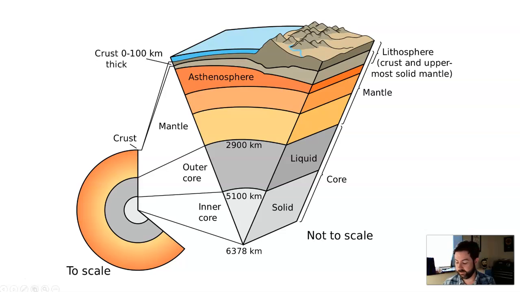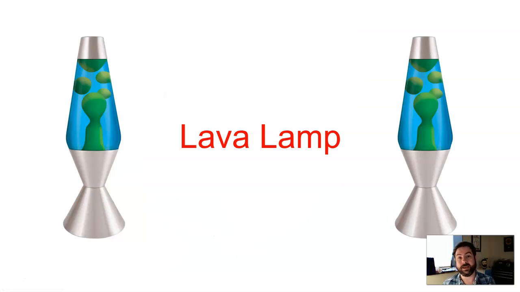Well, to understand that a little bit better, what we can do is look at a lava lamp. So, maybe some of you have a lava lamp or had a lava lamp in the past. Let's see here. All right, so it's a little warm, but here's my lava lamp.